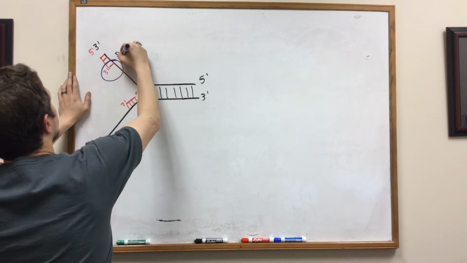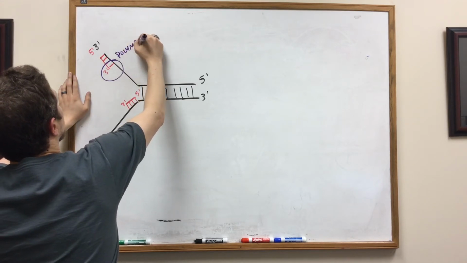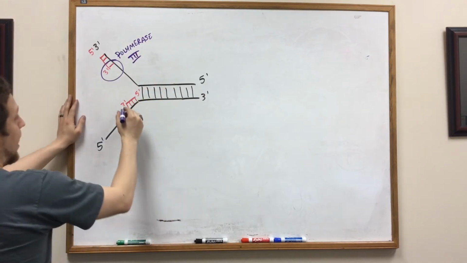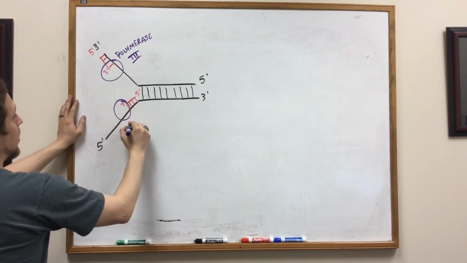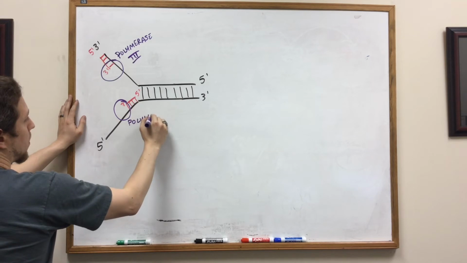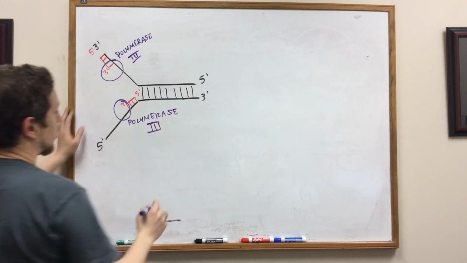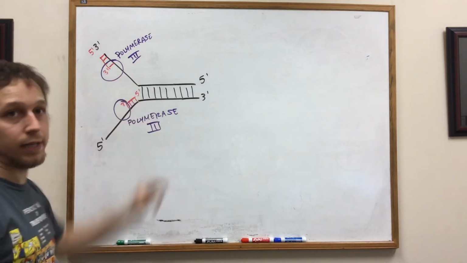So polymerase is going to bind here. So this is polymerase 3. And polymerase 3 will also bind here. Okay, so polymerase 3 binds here and here.